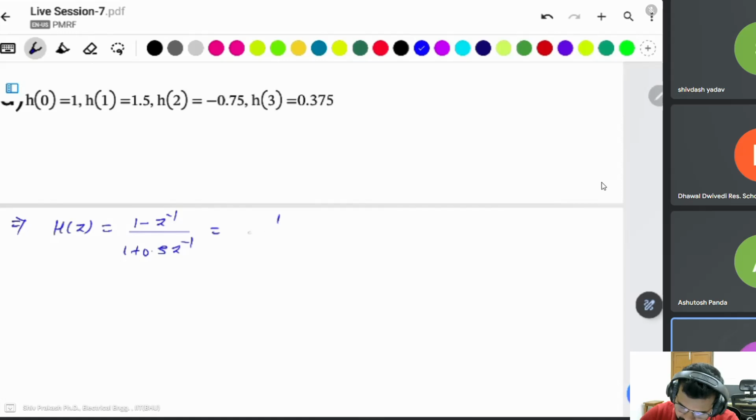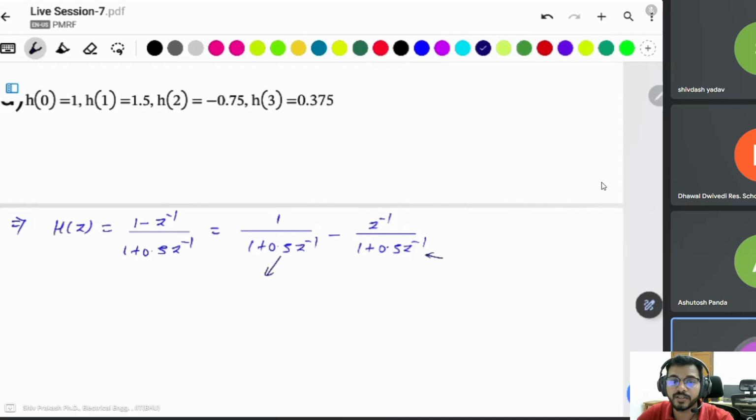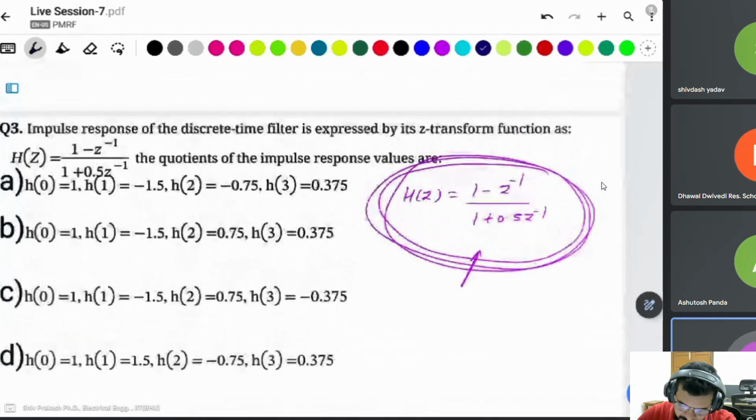This one you can write as 1 plus 0.5 z inverse minus z inverse, divided by 1 plus 0.5 z inverse. This one you can solve easily, you can use the formula. But for the other one, how can you find the Z transform? These both are the same order, numerator and denominator.